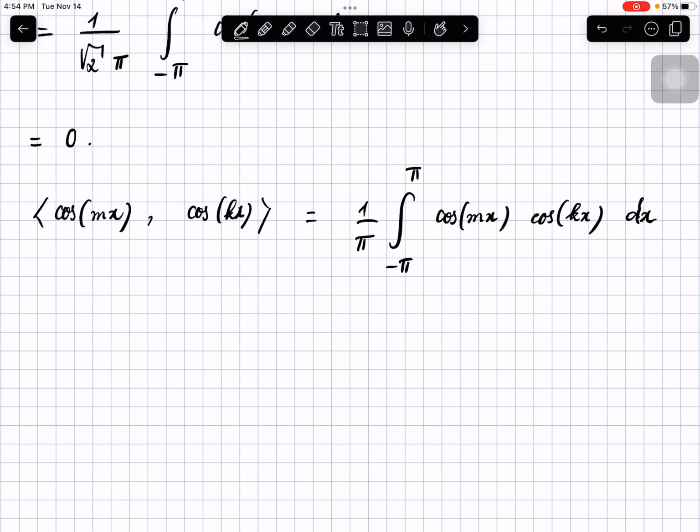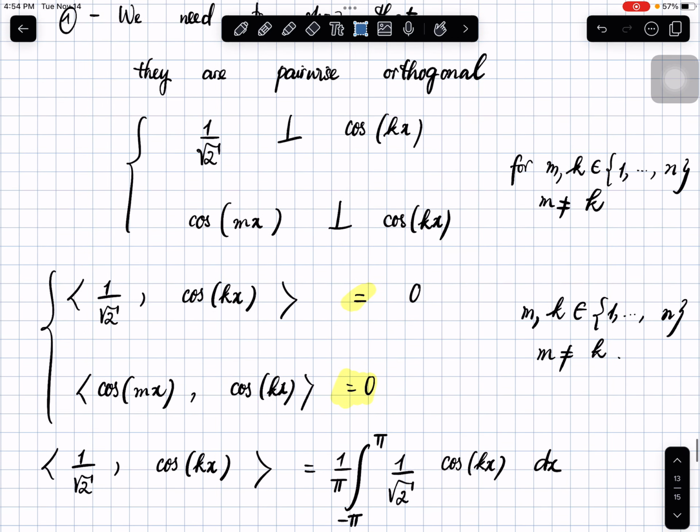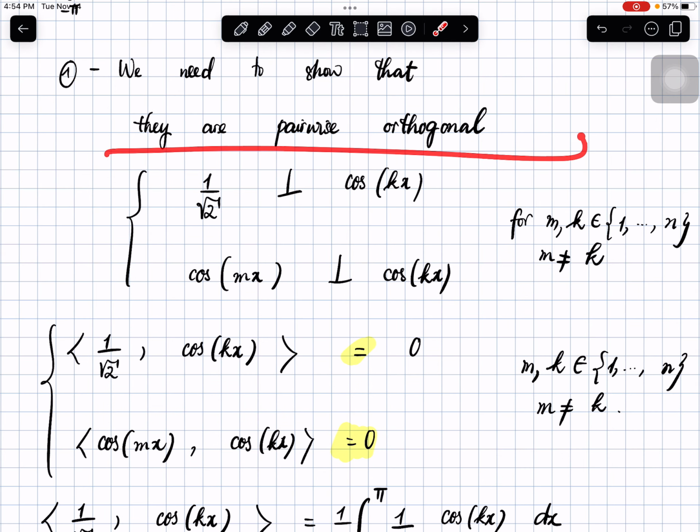And here remember that m is different from k. It is 0; you can compute it yourself, calculus 1. With that, we show the two functions are orthogonal, and therefore they form the set.